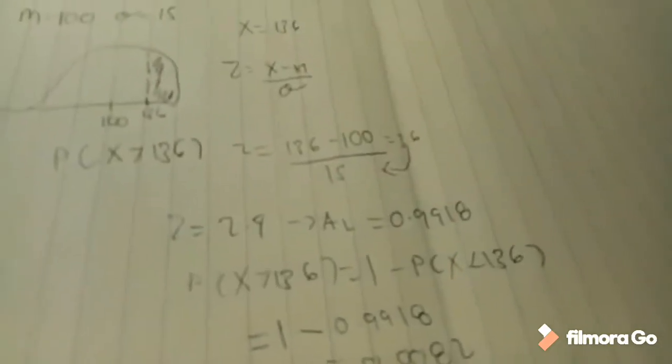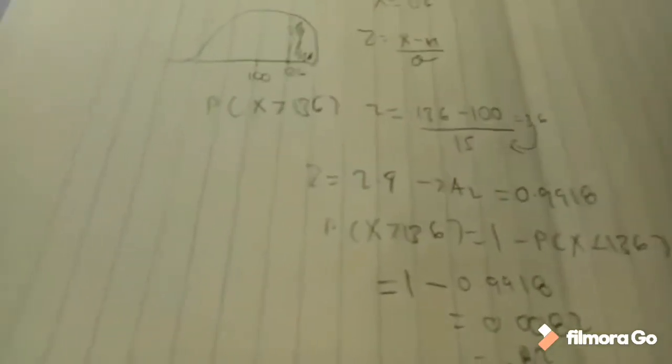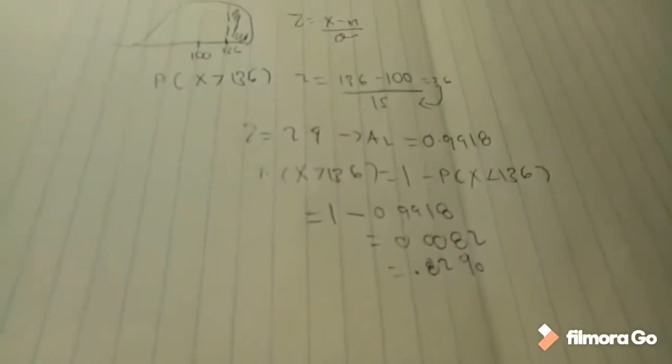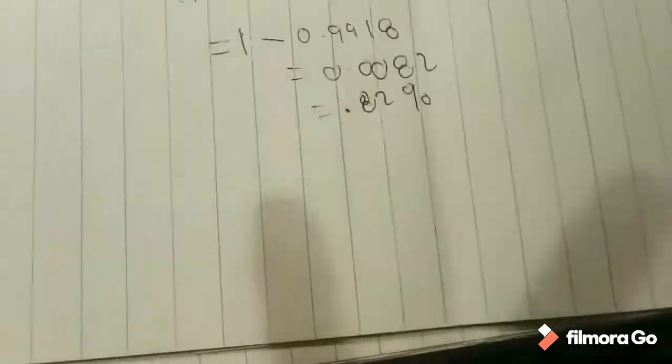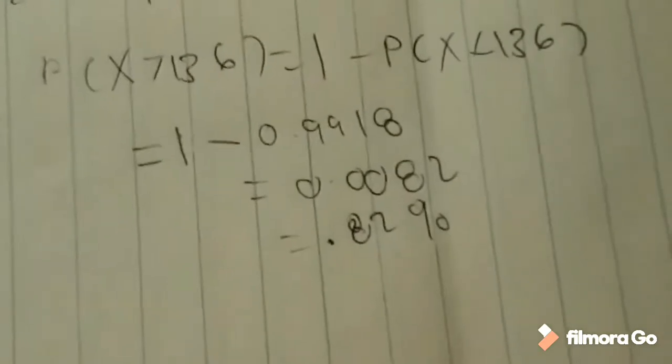So there's a 0.82% chance that a person selected at random will have an IQ score of 136. This is our answer to part B, 0.82%.